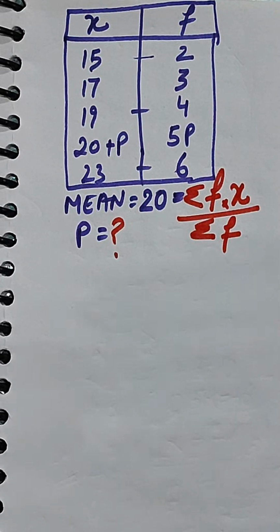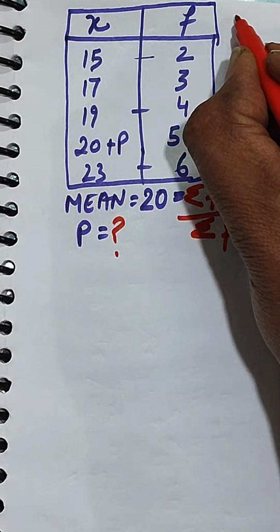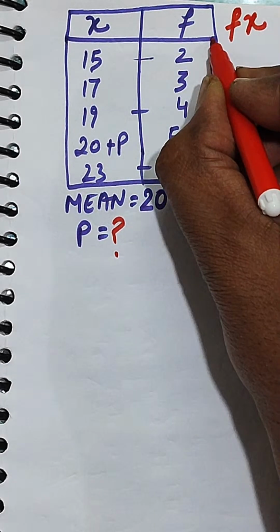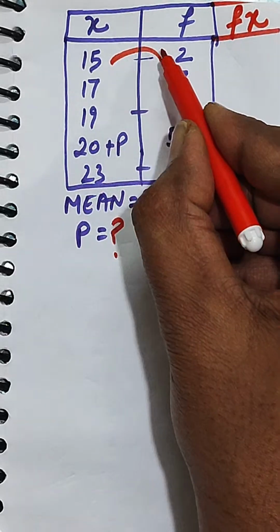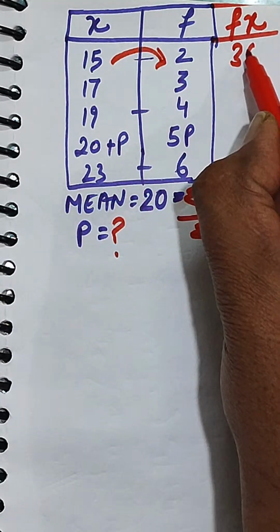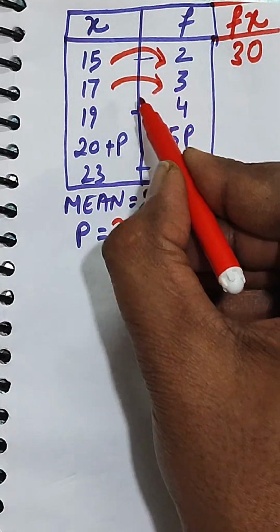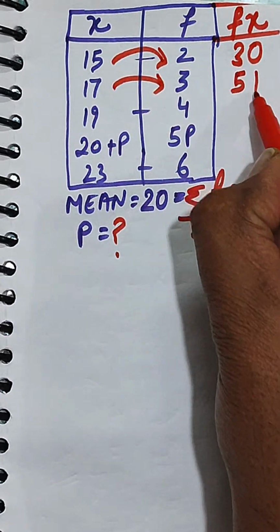So we'll just extend this table and find the product fx. So 15 into 2, 30. 17 into 3, 51.